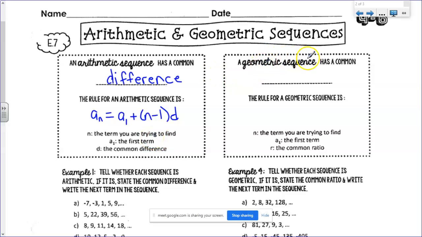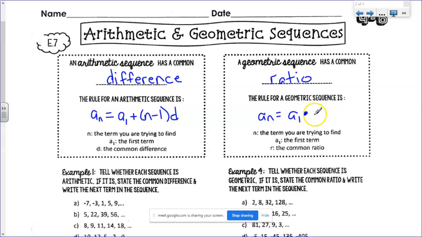A geometric sequence has a common ratio because we learned the other day that when it was a geometric sequence, it was multiplying. So you would have a common ratio. The rule for that is a subscript n, so it also starts with a subscript n, and then a subscript 1, but instead of adding, what did I just tell you we were doing?